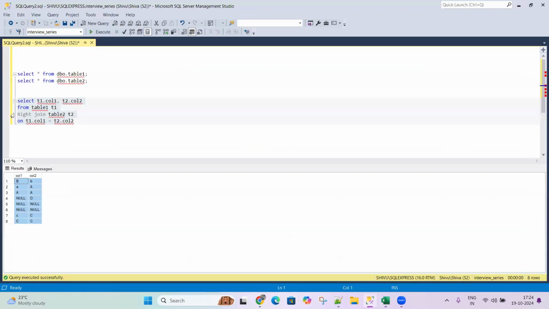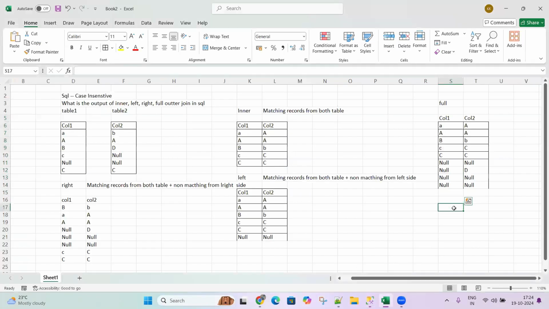So let's see how it will show in the SQL. It says full outer, and you can see here, even though the sequence or order is different, because I was explaining the concept. That's how it works.